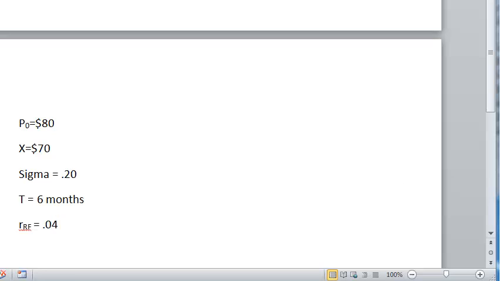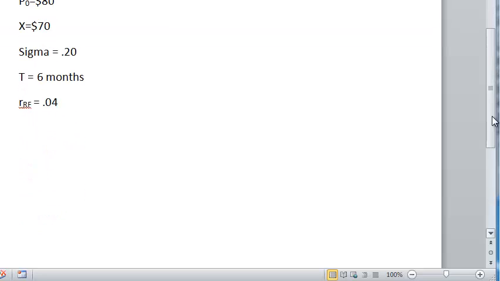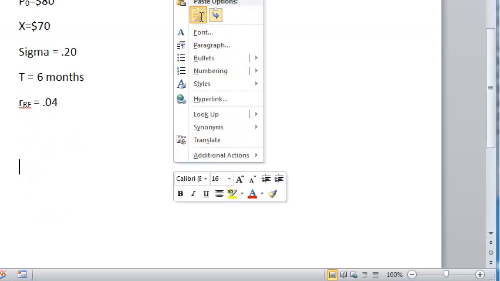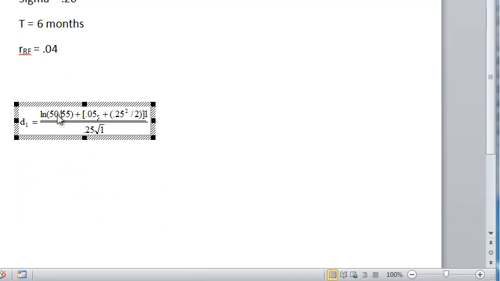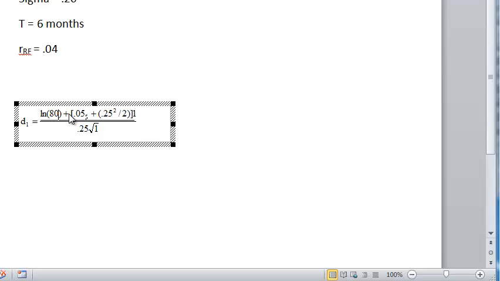So again, starting with the first equation, the D1 equation, we'd calculate the natural log of 80 divided by 70, a risk-free rate again of 4%, sigma would be 0.2, and time is going to be 0.5.